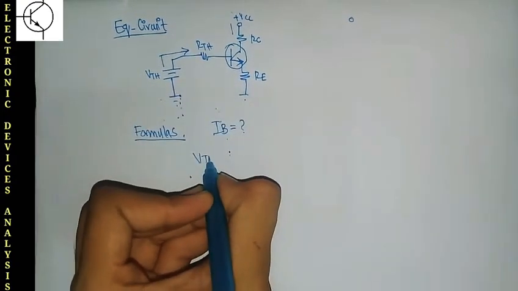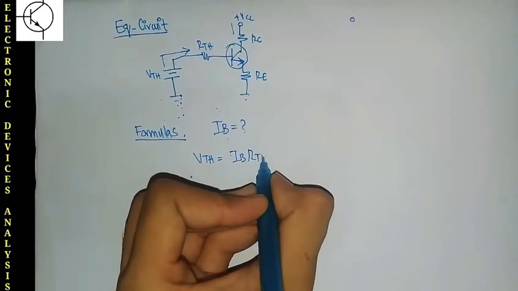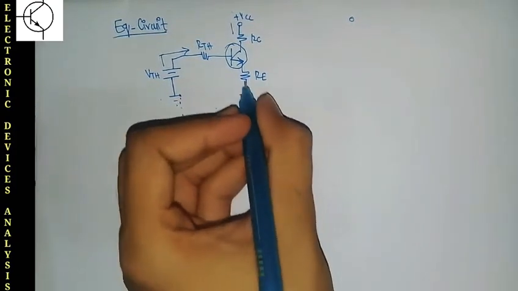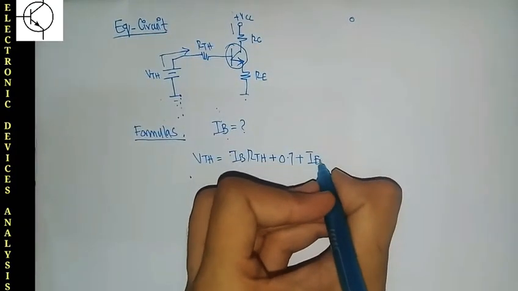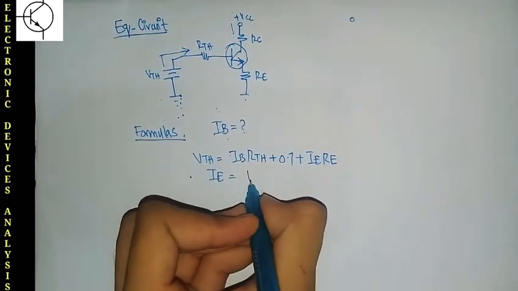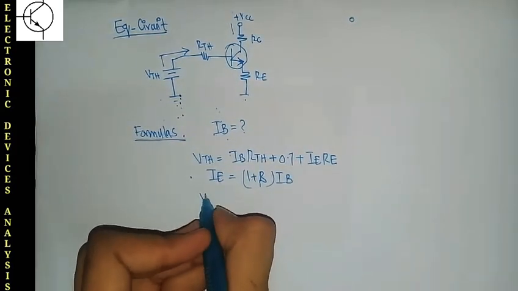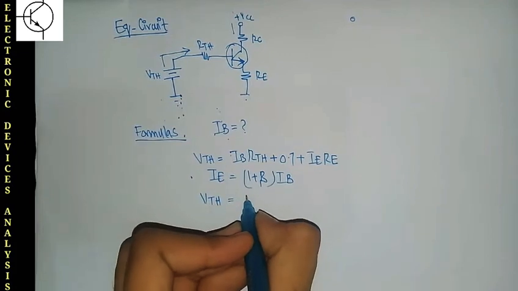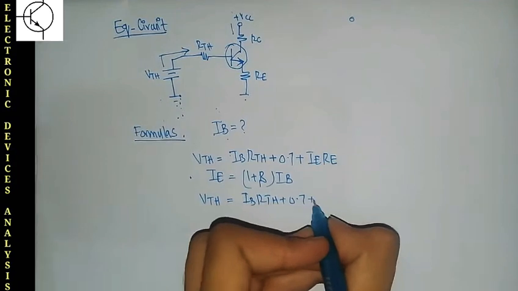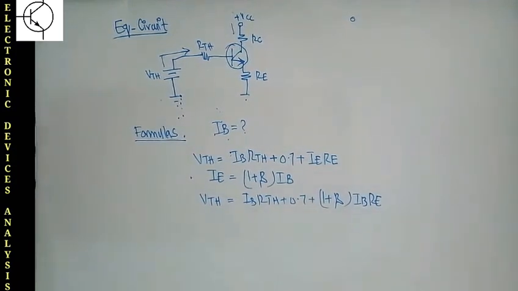So V Thevenin will be equal to the drop in this resistance, IB into R Thevenin, plus the voltage drop in this junction, 0.7 volts, and the drop in this resistance, IE into RE. And as you already know, IE will be equal to 1 plus beta times IB. So put this in this formula: IB into R Thevenin plus 0.7 volts plus 1 plus beta times IB into RE.